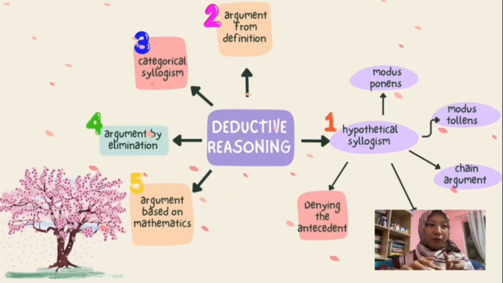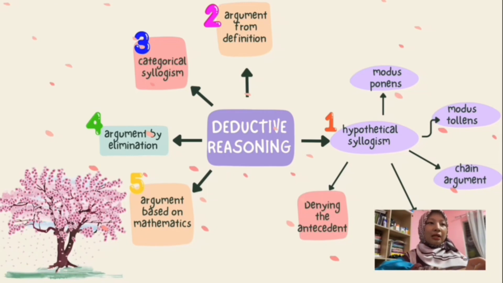From this mind map, you can see that deductive reasoning has 5 types of pattern, and the first pattern, which is hypothetical syllogism, will divide into 5 more types, which is modus ponens, modus tollens, chain argument, affirming the consequence, denying the antecedent.